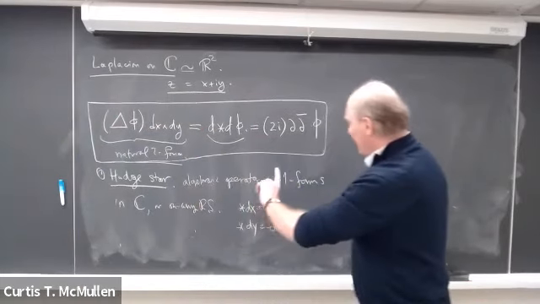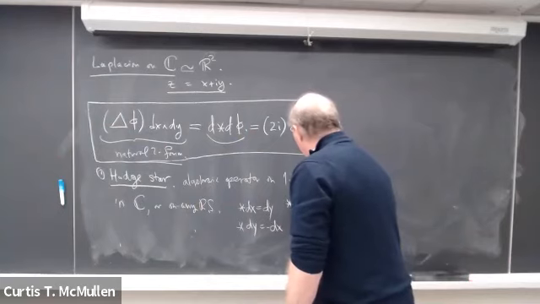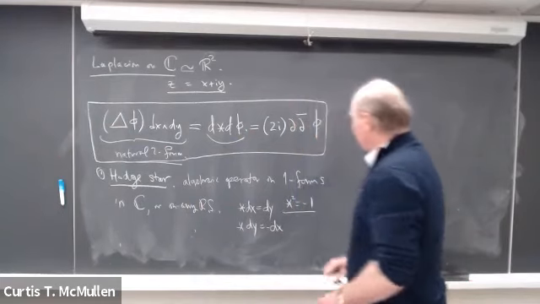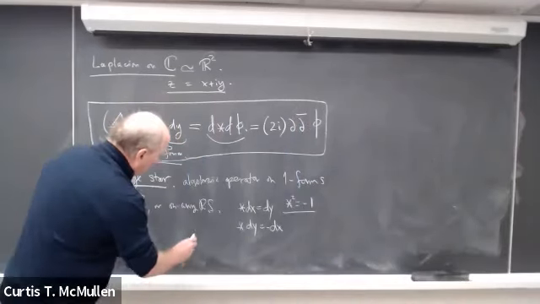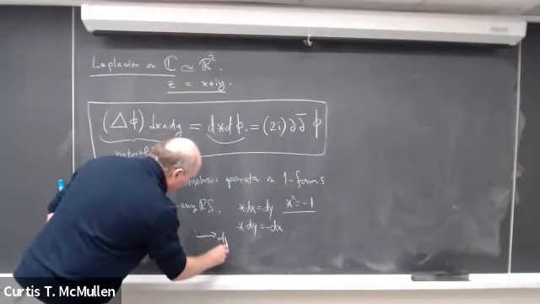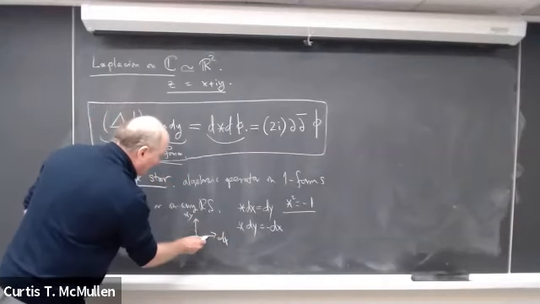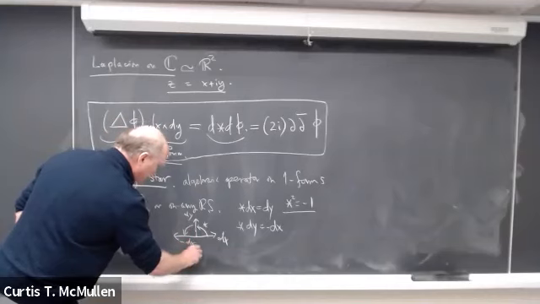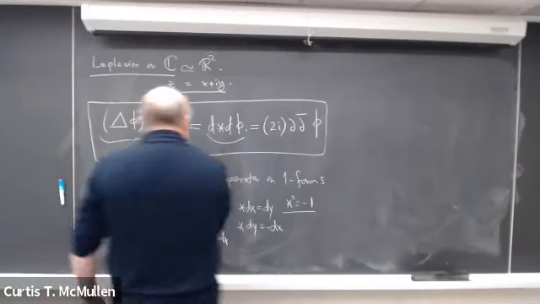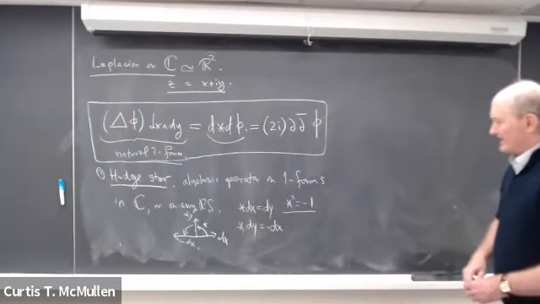So this is how it acts on the cotangent space at a point. And you'll notice that if you do the star operator twice, you get minus 1. So it's sort of like a multiplication by i. If you think of your space of one forms as being spanned by dx and dy, then what the star operator does is it rotates dx over to dy, and it rotates dy over to minus dx. And the square of that 90-degree rotation is a 180-degree rotation.